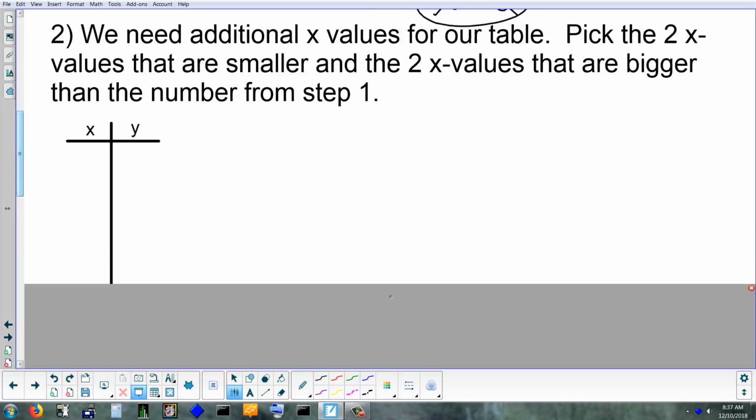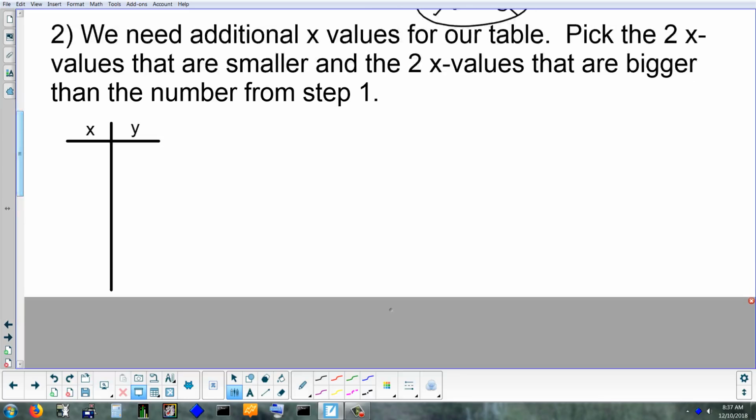So I go down here. My middle value is x equals 2, so I want to put that right in the middle of my chart. Now the directions say I want to pick the next two numbers that are greater than 2, and the next two numbers that are less than 2.